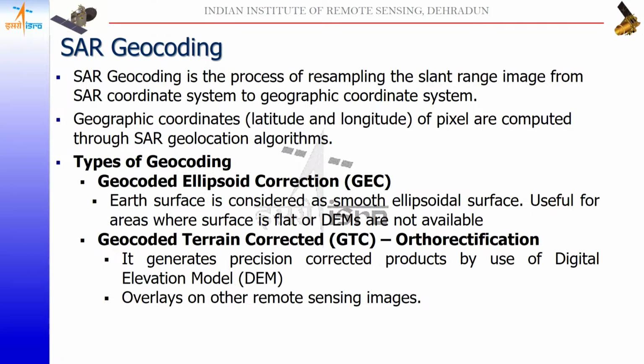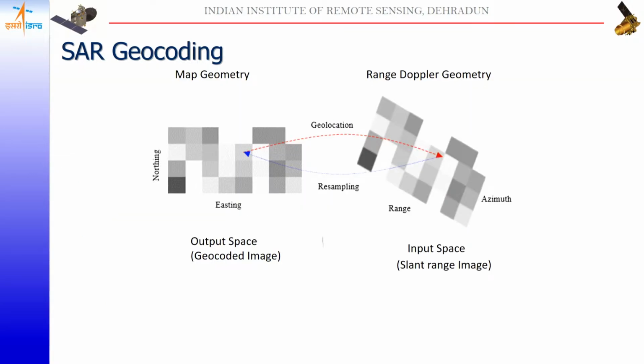Or if there is a very flat terrain, like a coastal area, then applying the geocoded ellipsoid correction will also give a good product. But mostly, if the DEM of an area is available, we will apply the geocoded terrain corrected products.